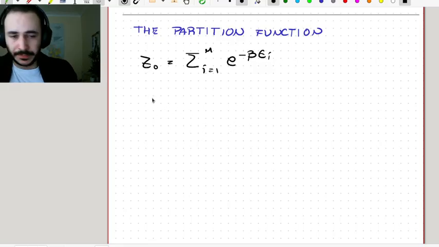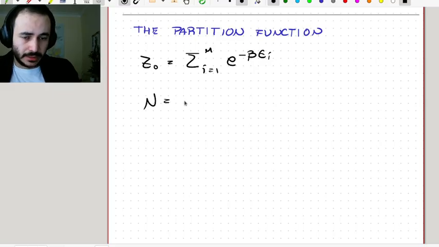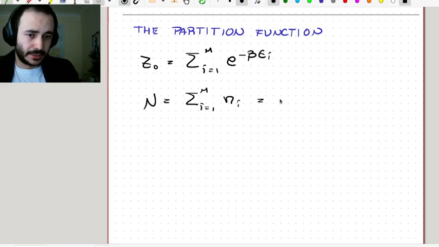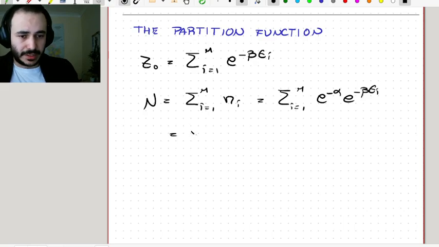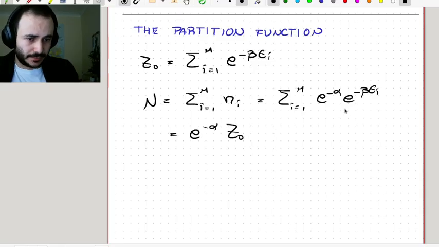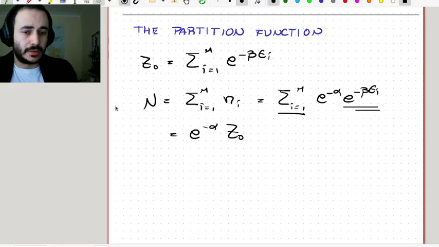In particular, remember that N is the sum over all cells from 1 to m of the occupations, and the occupations were nothing but this thing times e to the minus alpha. So one thing that is an identity is that e to the minus alpha times the partition function, which would be the sum of these terms here, equals the total number of particles.